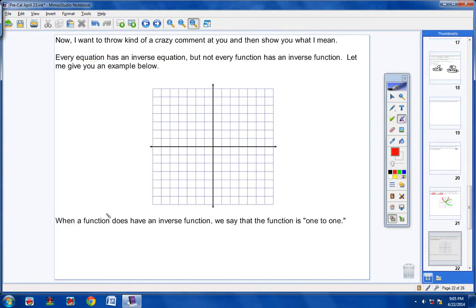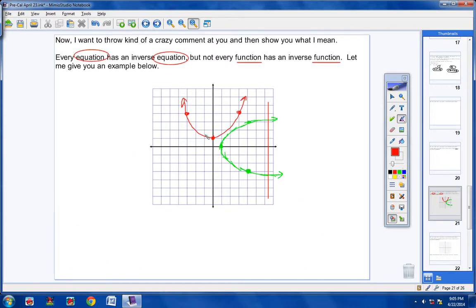Now, when a function does have an inverse function, we say that the function is 1-to-1. Let's go back a page here. This red function, does it have an inverse function? No, it does not.